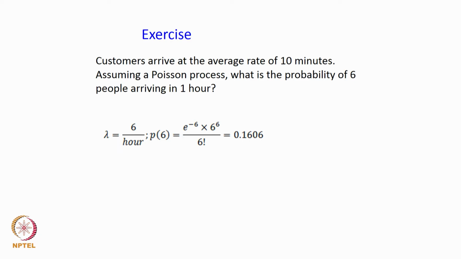P of 6 is e to the power minus lambda, lambda power x by x factorial, e to the power minus 6 into 6 to the power 6 by 6 factorial, which is 0.1606. So, even though on average 6 people arrive in an hour, the actual probability of exactly 6 people arriving in an hour is small.